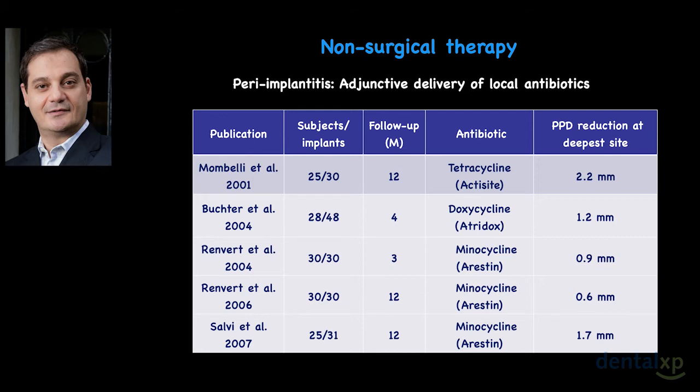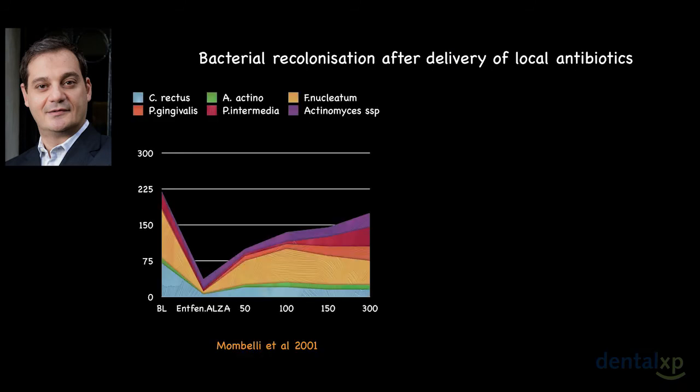But is it enough? Because as we noticed before in that one study, you need to decontaminate the surfaces, and that's what Mombelli showed in 1998. Is the decontamination achieved by using a curette and just local antibiotic?